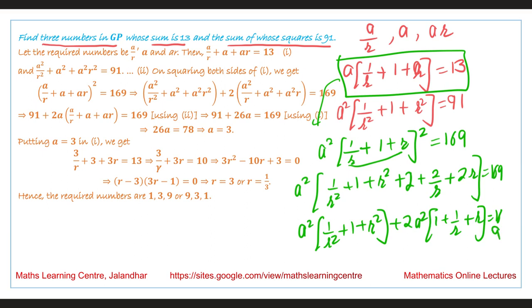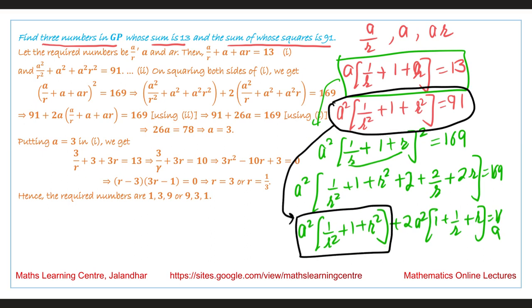Now if we substitute the value of this term 91 in this equation, we obtain 2a square into 1 plus 1 by r plus r, that is equal to 169 minus 91, and the answer we get is 78.